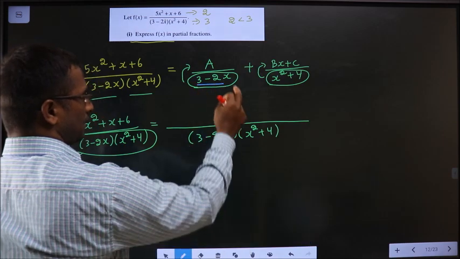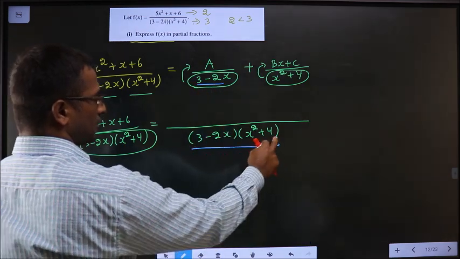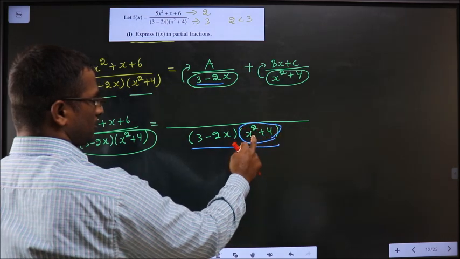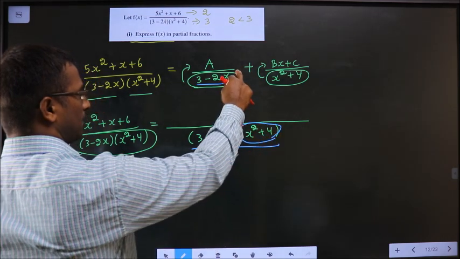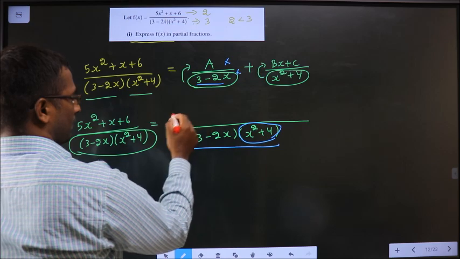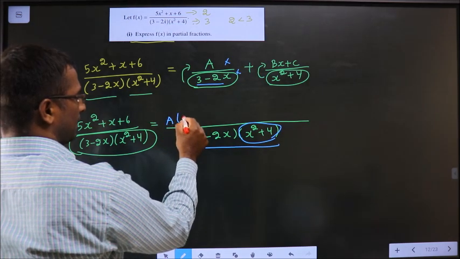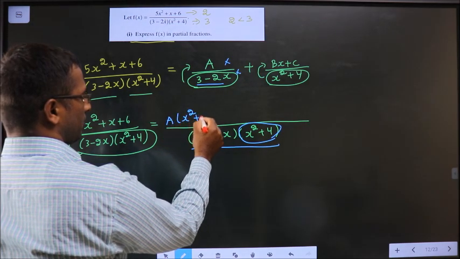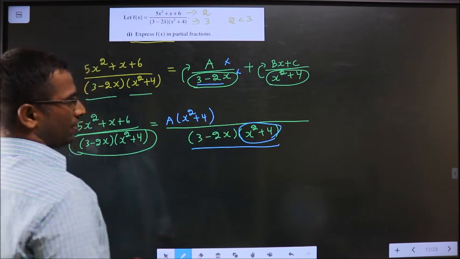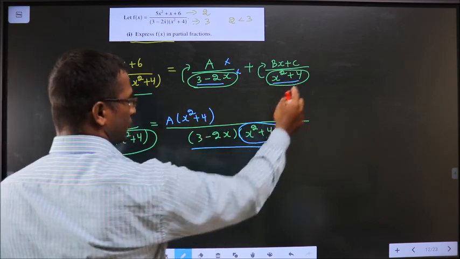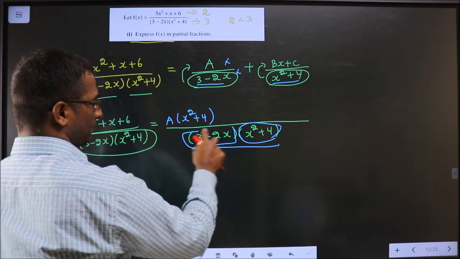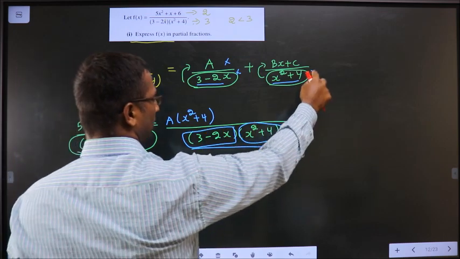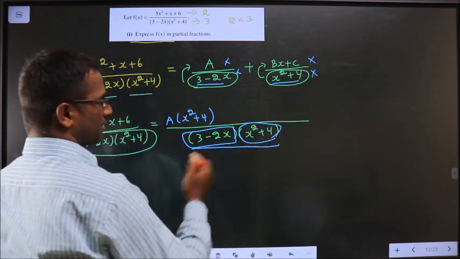Here it is 3 minus 2x, it should become this entire thing, so missing is this one. So multiply by this to denominator and numerator. Thus it will result in a times x square plus 4. Here it is x square plus 4, missing is this one. So multiply numerator and denominator by 3 minus 2x.